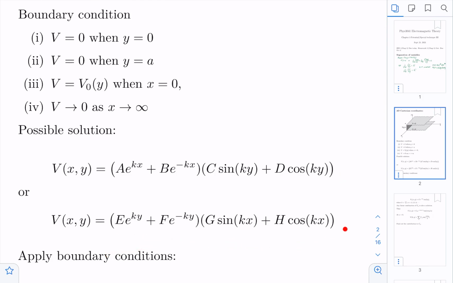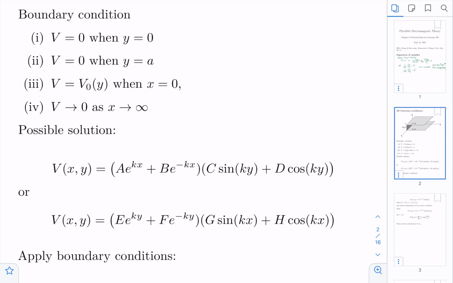Both are supposedly possible solutions without considering the boundary conditions. Now let's see what role the boundary conditions play, and how they help us determine the coefficients.